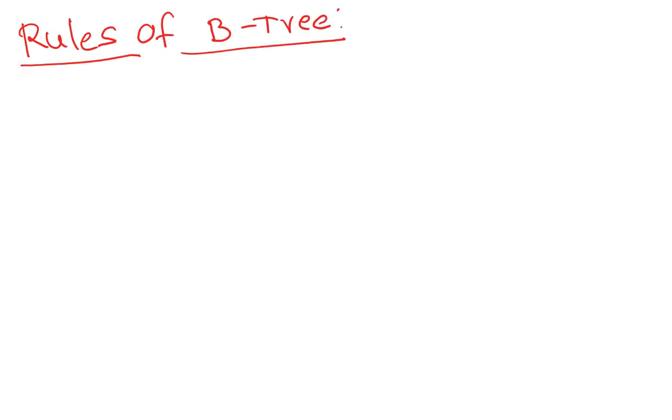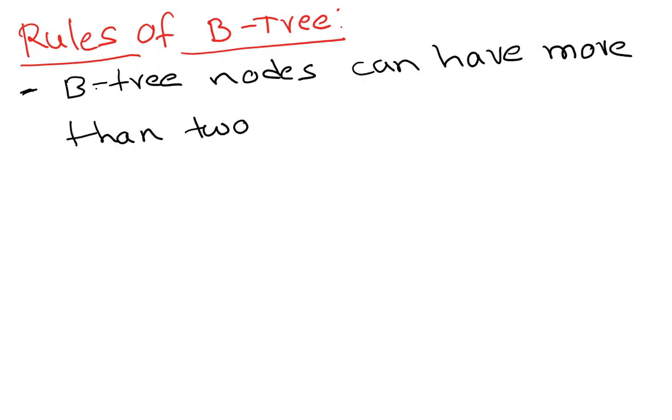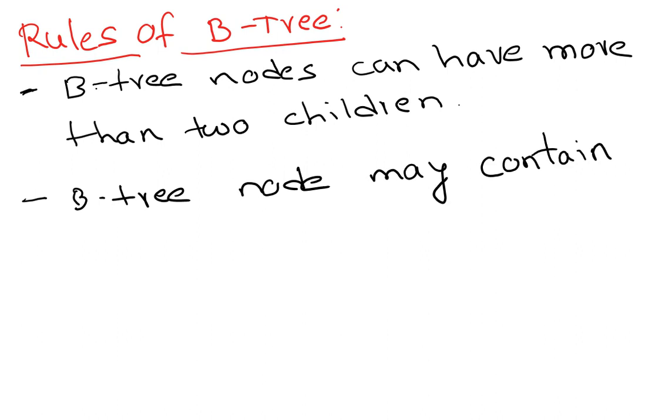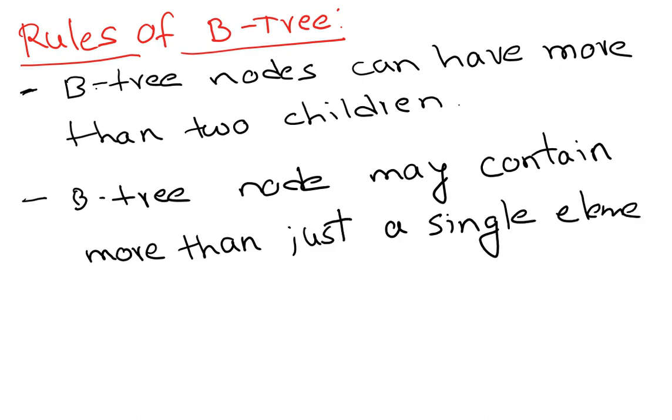What are the rules? Every node can have more children. Then we have some more rules.